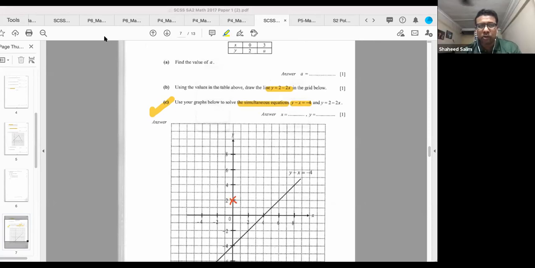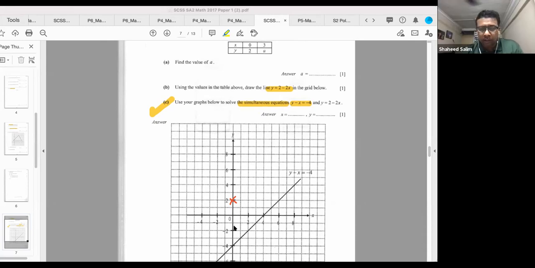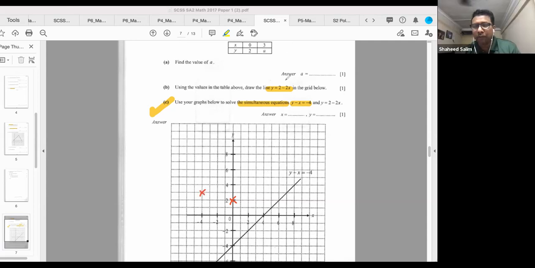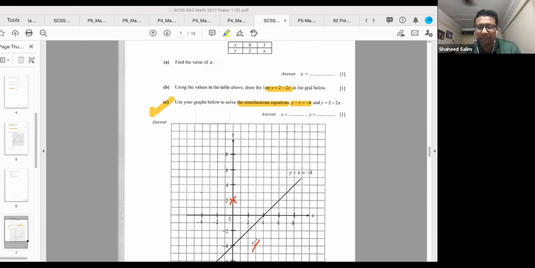Okay, the next one is what? X3, Y minus 4 or 4? Minus 4. Okay, X3, Y minus 4. Correct? No, cannot cheat Emma. X3, Y minus 4 down here. Agree? Okay, good.